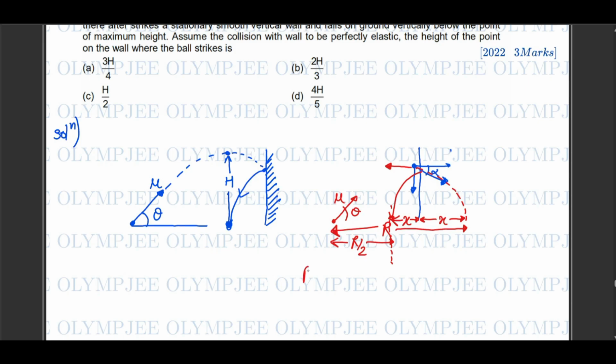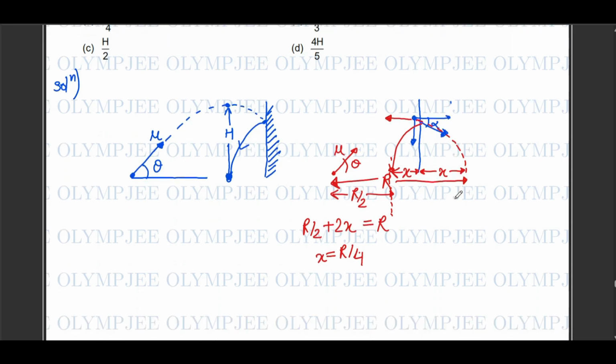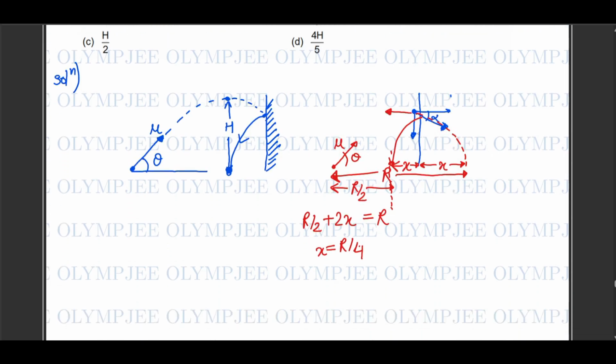So we conclude that R by 2 plus 2x must be the range. So that gives us that x is equal to R by 4, which gives us the x coordinate of the wall as R by 2 plus x, which is 3R by 4.